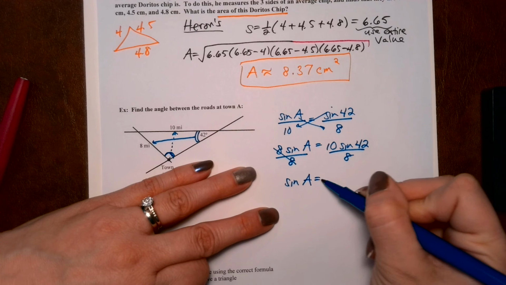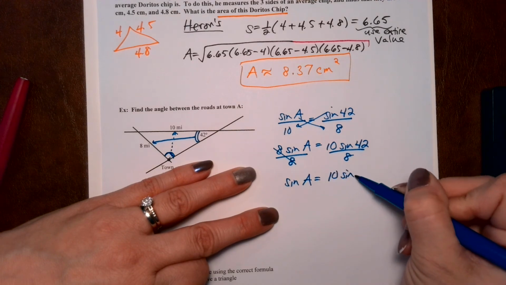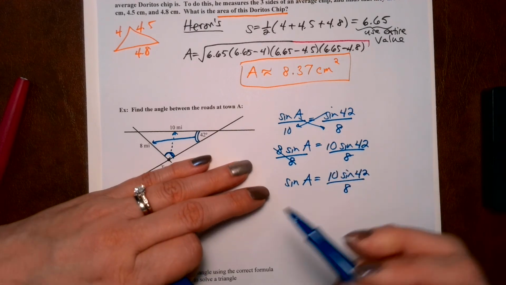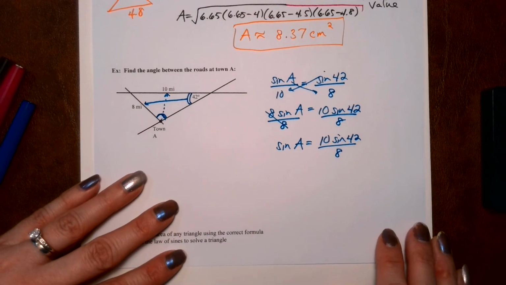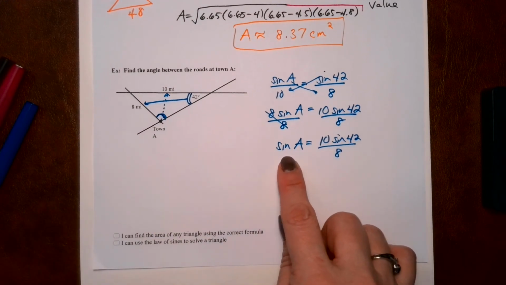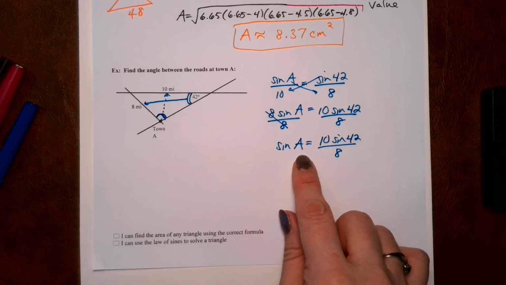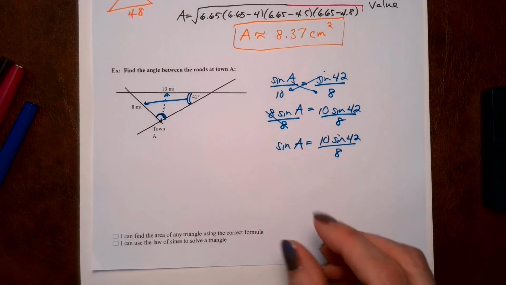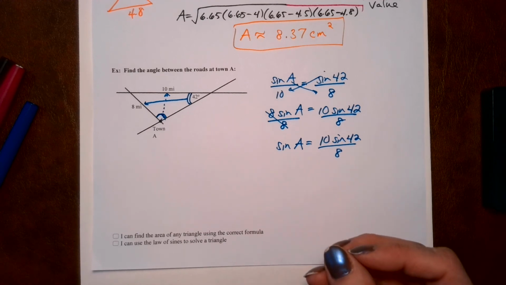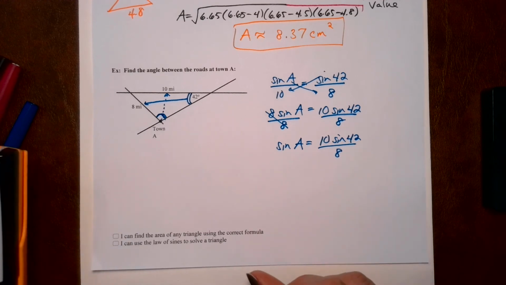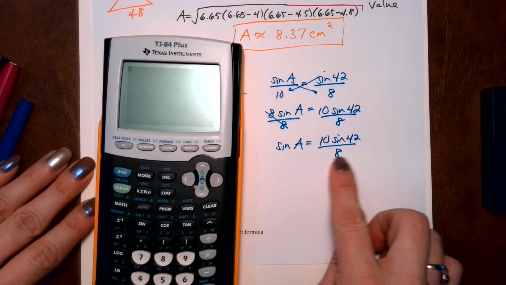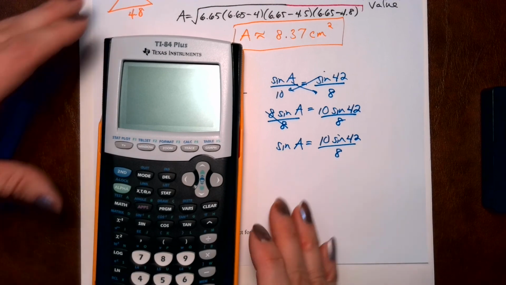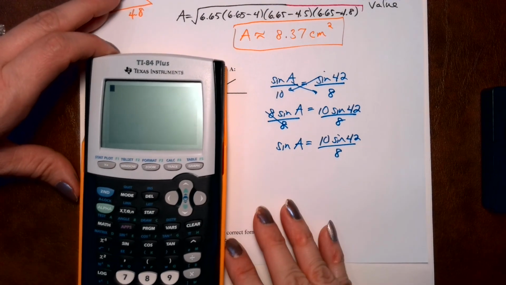Sine of angle A. This problem seems a little different. Can you divide by the sine? No, you don't divide by sine. How do you find the measure of an angle? If you want to find the measure, you have to go backwards. You have to do inverse. So what I would have to do here is sine inverse of this stuff. I'm going to type it all in at once so I don't lose any accuracy.